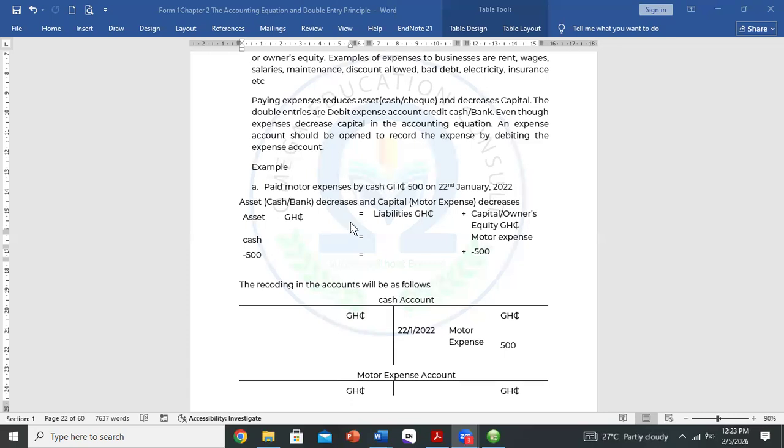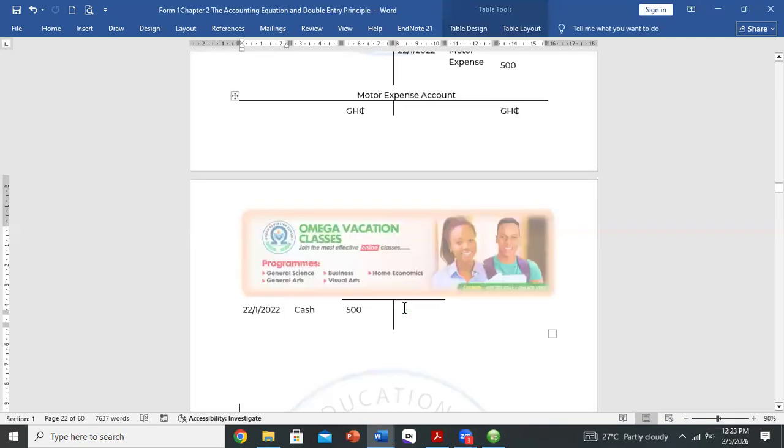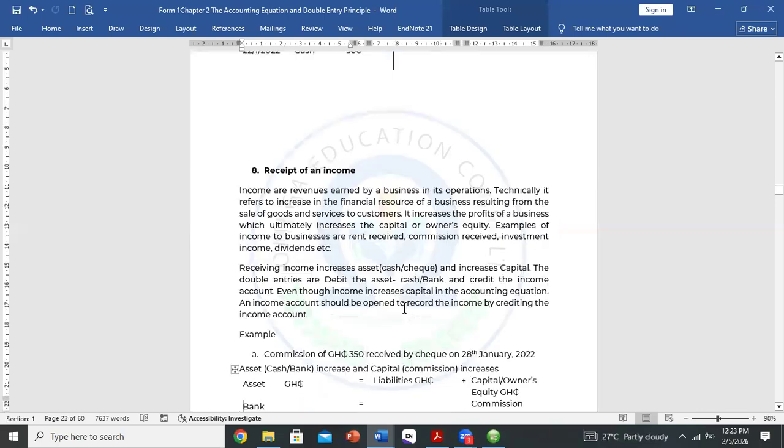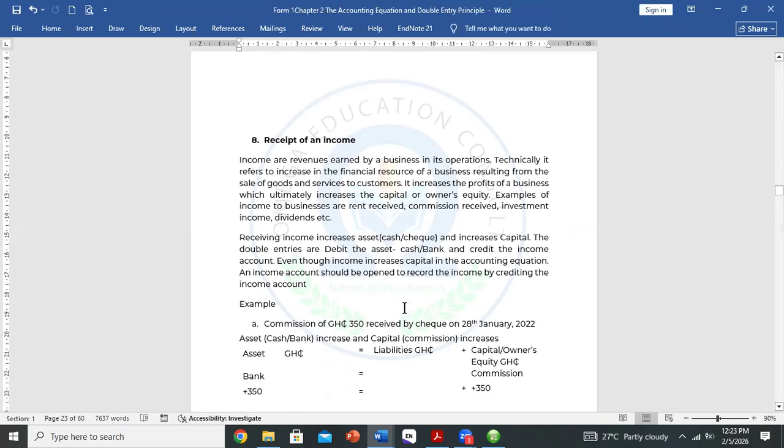The opposite is for the income, right? So if it is true that when you pay expenses they decrease, then the same when you receive income, they should decrease, isn't it? Because you are receiving income. But when you receive income, your income increases your capital, right?